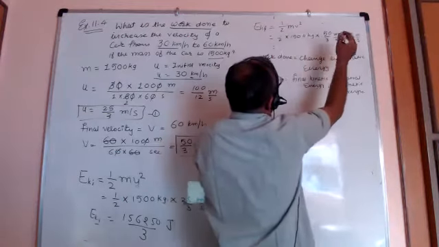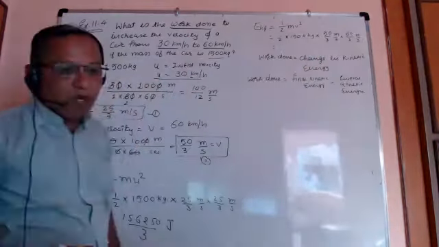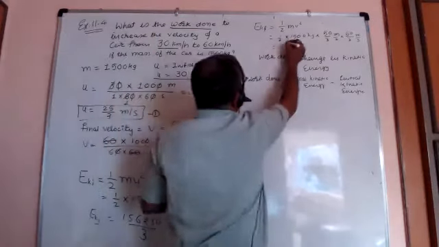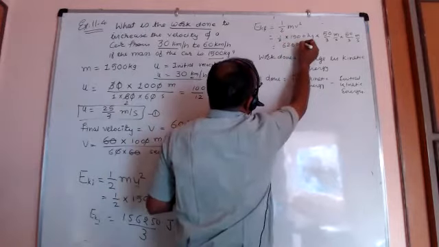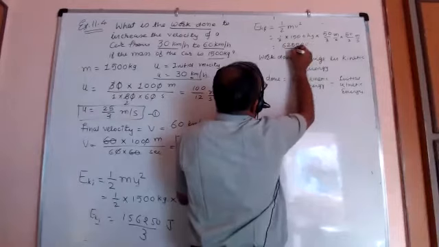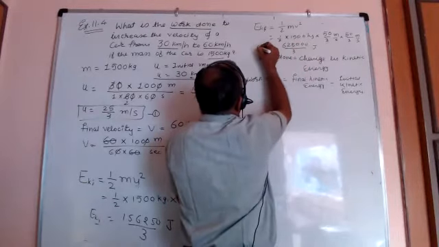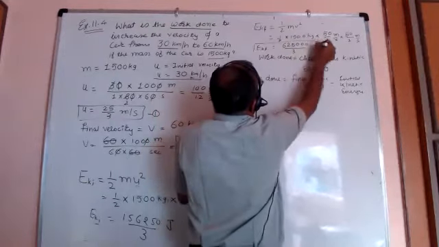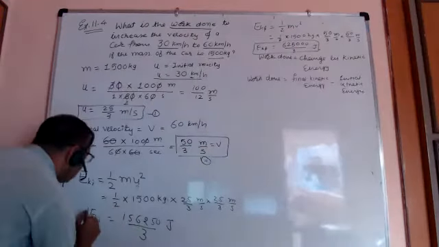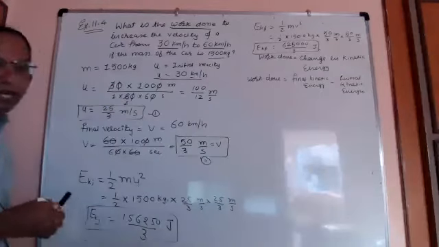So here also, by simple calculation, we obtain 625,000 by 3 joule. This is the final kinetic energy. So two kinetic energies we have, one initial and another final.